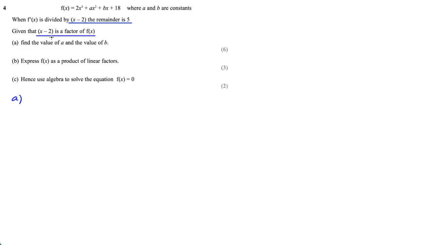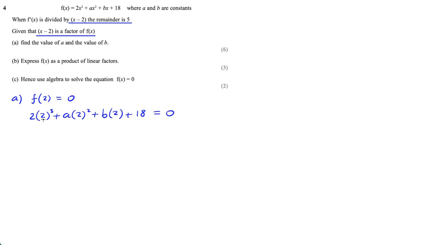x minus 2 is a factor of f(x), so that means f(2) equals 0. This is the factor theorem, guys. If x minus 2 is a factor, then f(2) equals 0. Okay, so f(2) is just 2 times 2 cubed plus a times 2 squared plus b times 2 plus 18 equals 0.